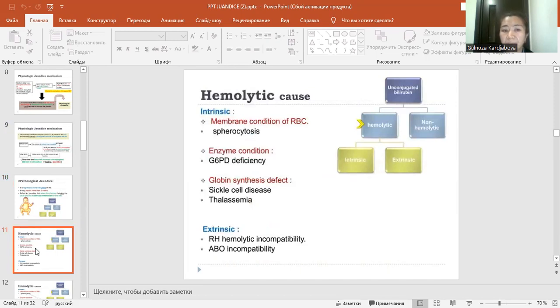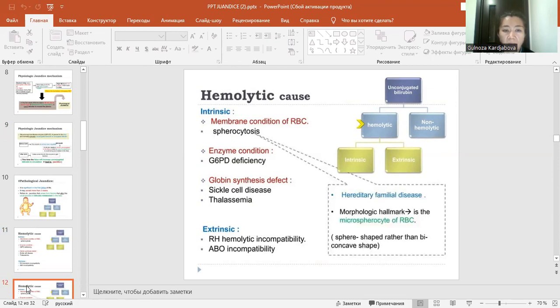Hemolytic causes: membrane condition of red blood cells, spherocytosis; intrinsic, enzyme condition, G6PD deficiency, globin synthesis defect, sickle cell disease or thalassemia, diseases of the shape of erythrocytes. And extrinsic reasons: rhesus factor hemolytic incompatibility, ABO system incompatibility.